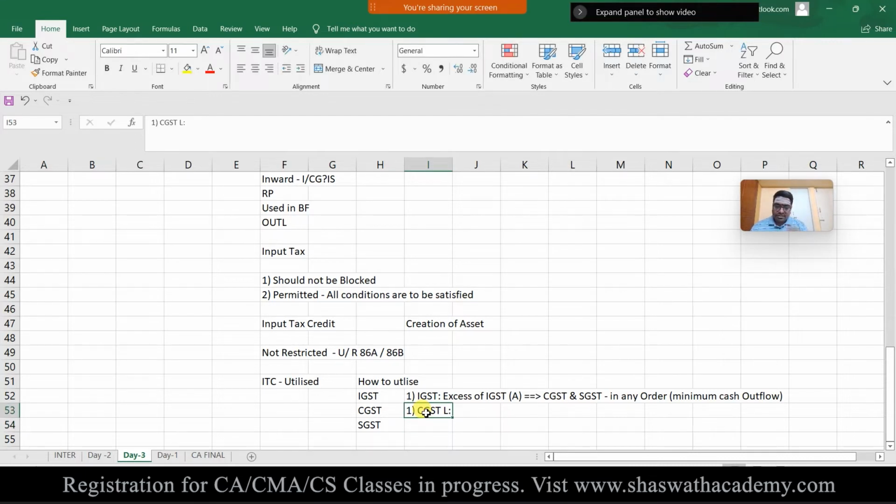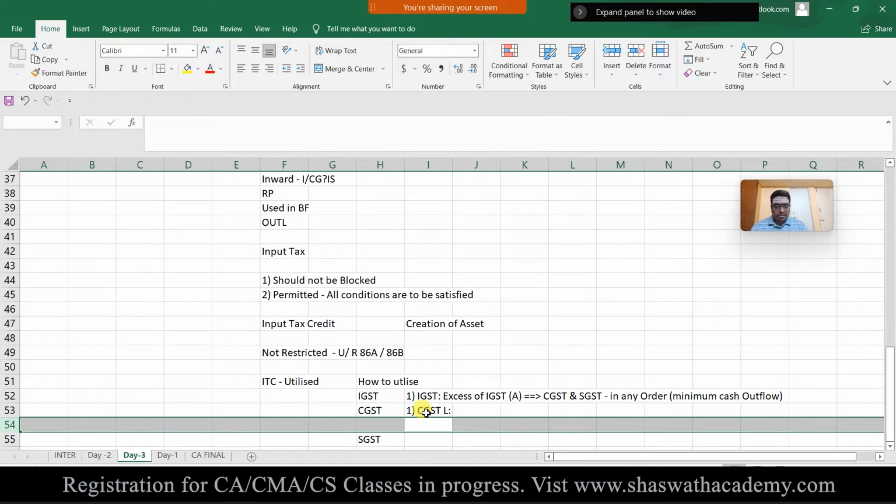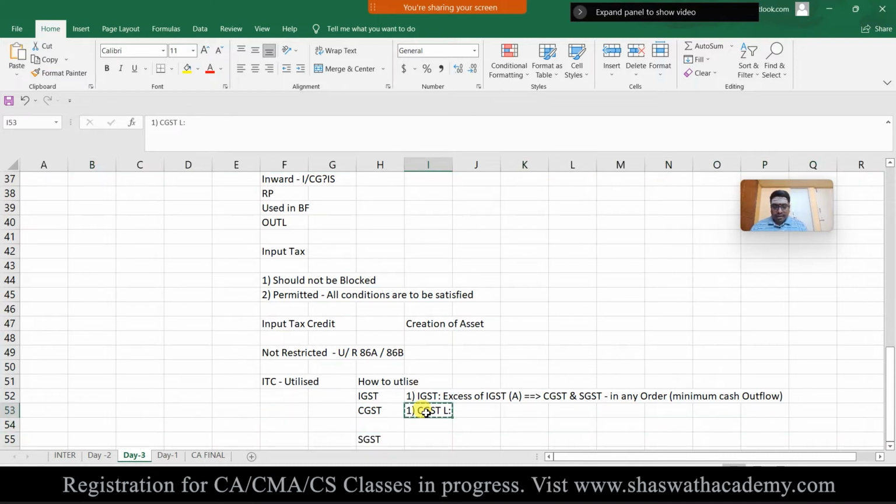But my dear brothers and sisters, please understand, you are allowed CGST and SGST. First, there is a condition for utilizing this. What is that, sir? You can utilize the CGST asset only after the IGST asset becomes exhausted, or I can say becomes zero. Only when the IGST becomes zero, then you can start using the CGST asset.